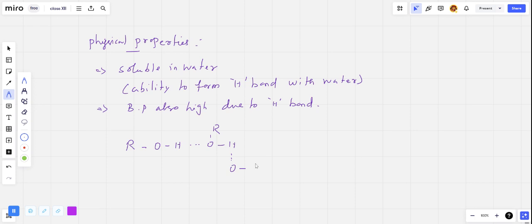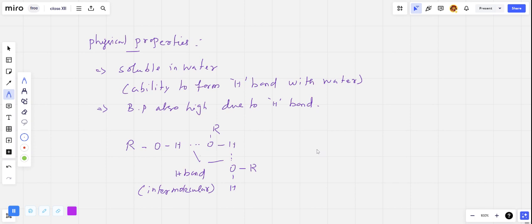This is called an intermolecular H bond. Due to this intermolecular H bond, it is easily soluble in water and the boiling points are higher. This is for alcohol.